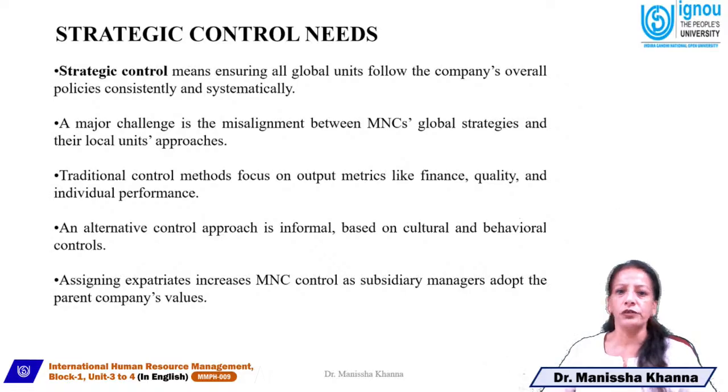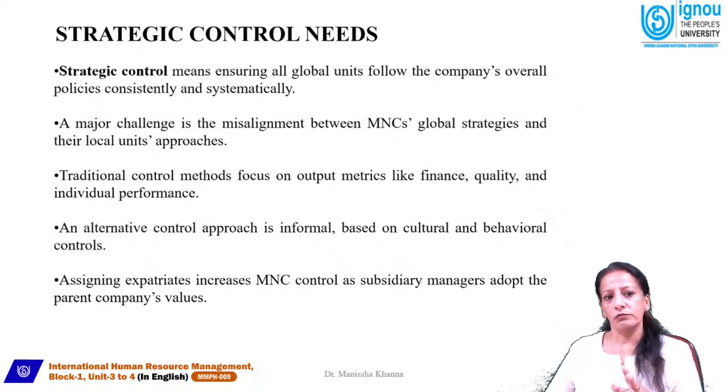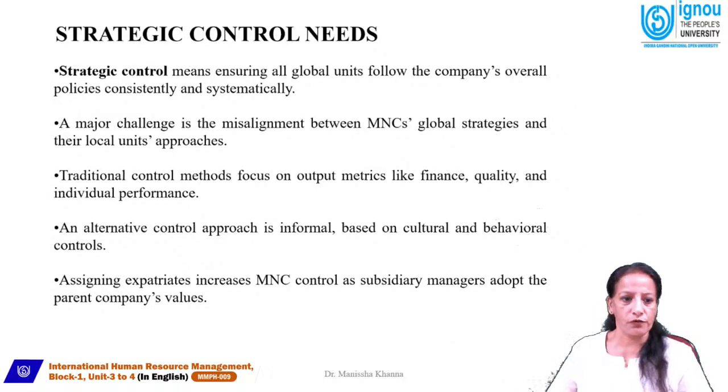Strategic control means ensuring all the global units follow the company's overall policy consistently and systematically. The major challenge here happens when there is misalignment between the MNC's global strategies and local unit approaches. Traditional control methods focus on output metrics like finance, quality, and individual performance.